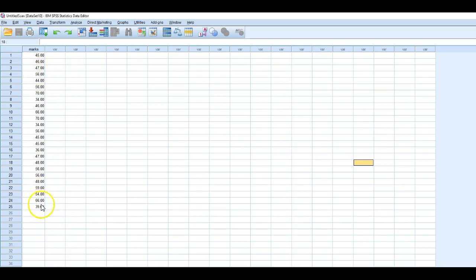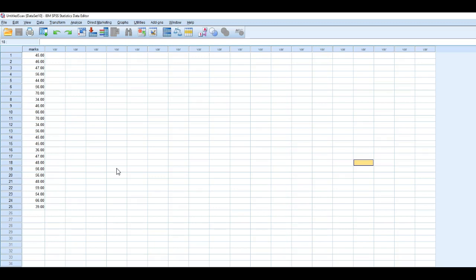We want to see whether this sample mean is equal to the population mean, so that we can say that more or less, the marks that you get here is equal to maybe the population mean.